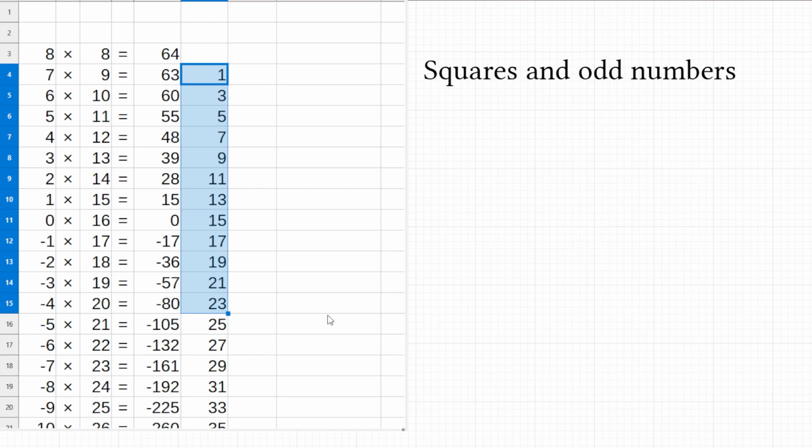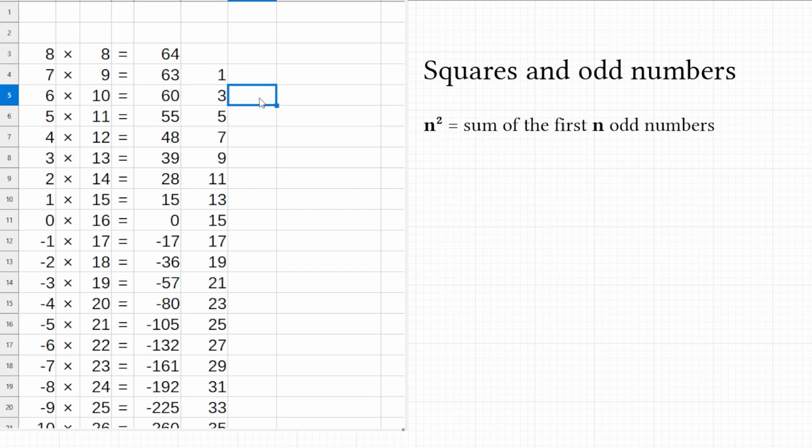And the answer is, odd numbers do in fact have a lot to do with squares, because the square of a natural number n is always equal to the sum of the first n odd numbers, right? I can show it here. Let's start with 1 squared, which is just 1. Then we add the next odd number to what we already have.